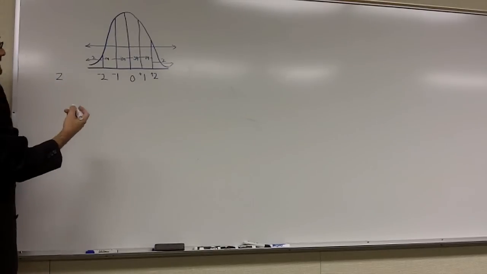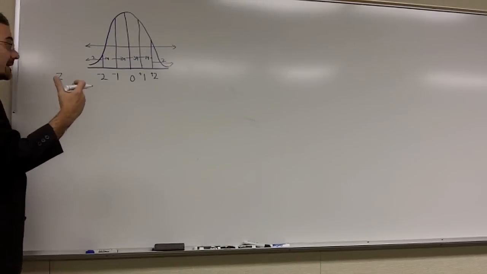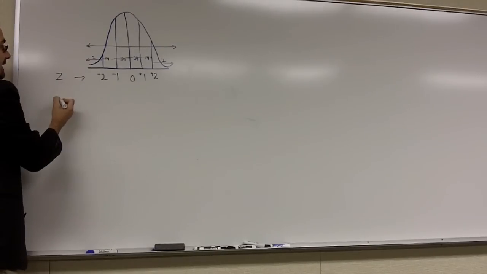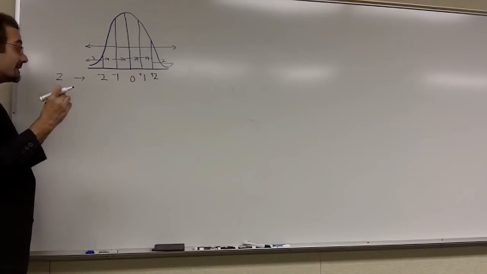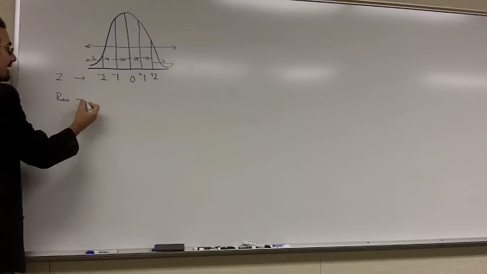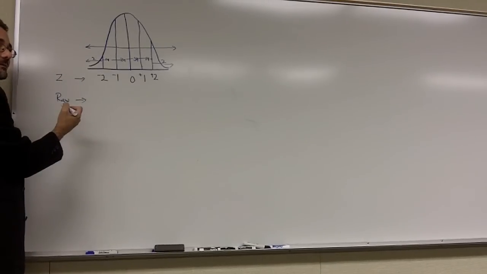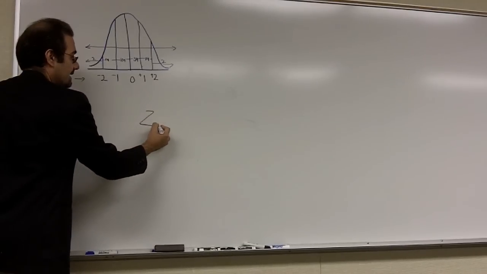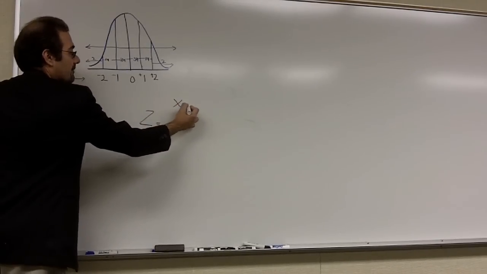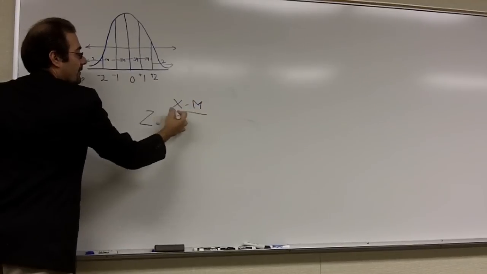Great. And you can transform a z distribution. If you have a set of raw scores that are normally distributed, you can transform any raw score to a z distribution. The transformation is simply z equals x minus M over SD.